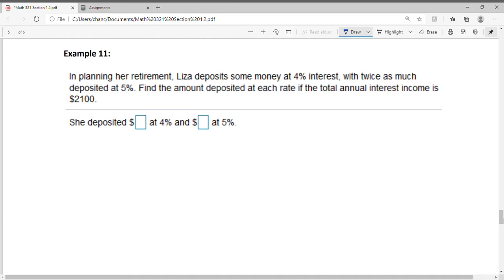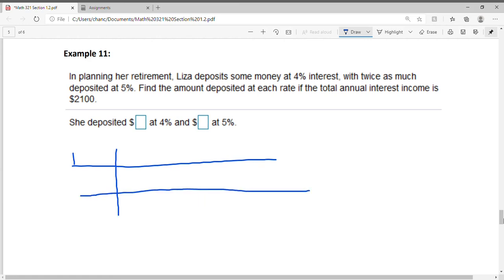Example 11. In planning her retirement, Liza deposits some money at 4% interest with twice as much deposited at 5%. Find the amount deposited at each rate if the total annual interest income is $2,100. Let's start by making a table. In this case, there were several different interest rates. We had the 4% interest rate and the 5% interest rate. Now, the principal amount for the 4% is unknown.